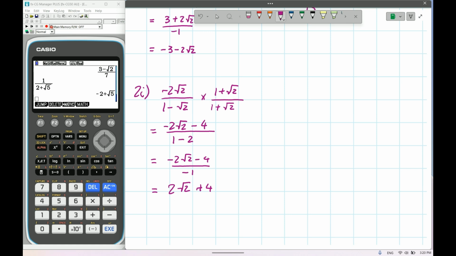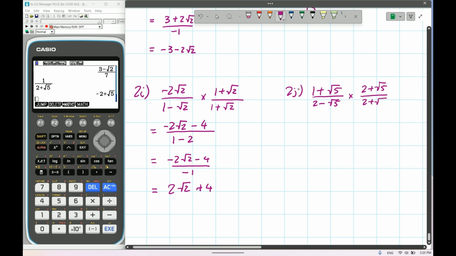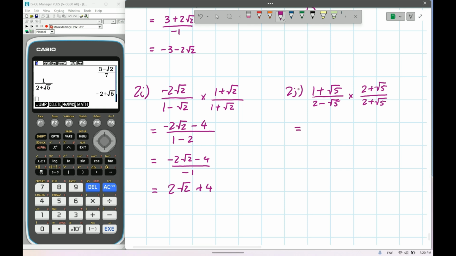Alright, 2j. So you got 1 plus root 5 over 2 take root 5. Multiplied by its conjugate, 2 plus root 5 over 2 plus root 5. So this one would expand into 2 plus root 5 plus 2 root 5 plus 5 all over 4 minus 5.